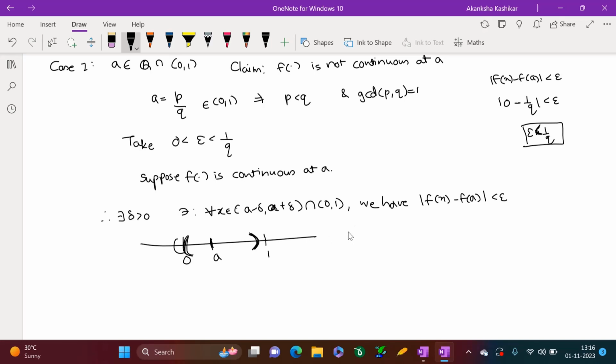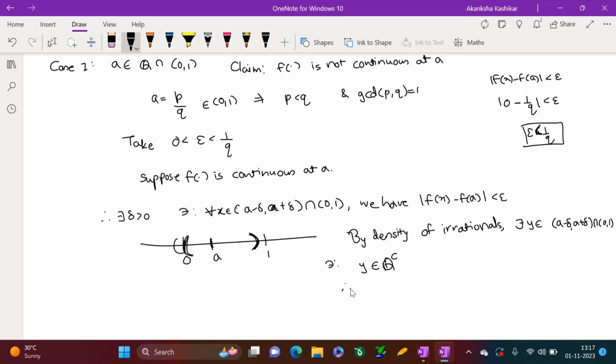By density of irrationals, there exists some number y which is in this neighborhood, that is a minus delta to a plus delta intersected with 0 1, such that y belongs to q complement.